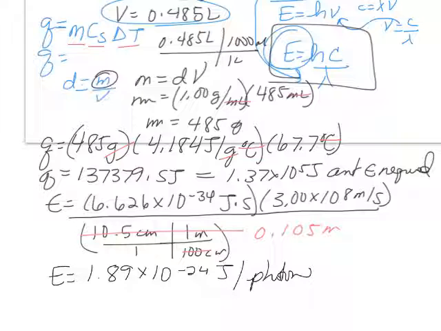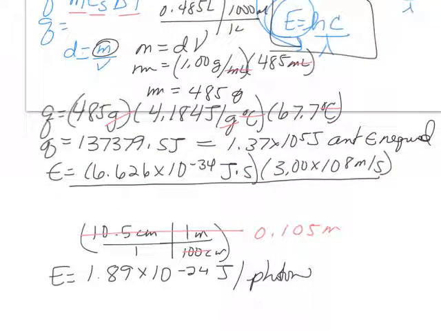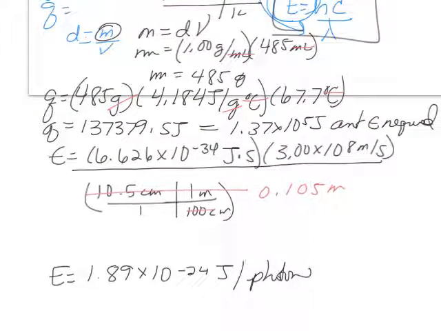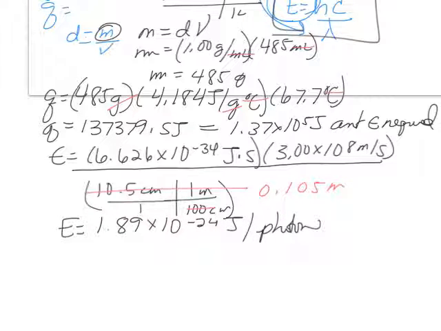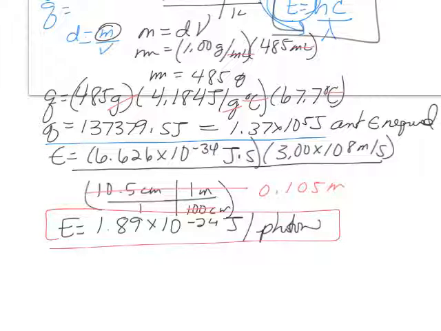And it wants the number of photons. So now you're going to use this as a conversion factor here. You're going to start with the amount you're given, because this is going to be your conversion factor. So you're going to start with the amount of energy required.